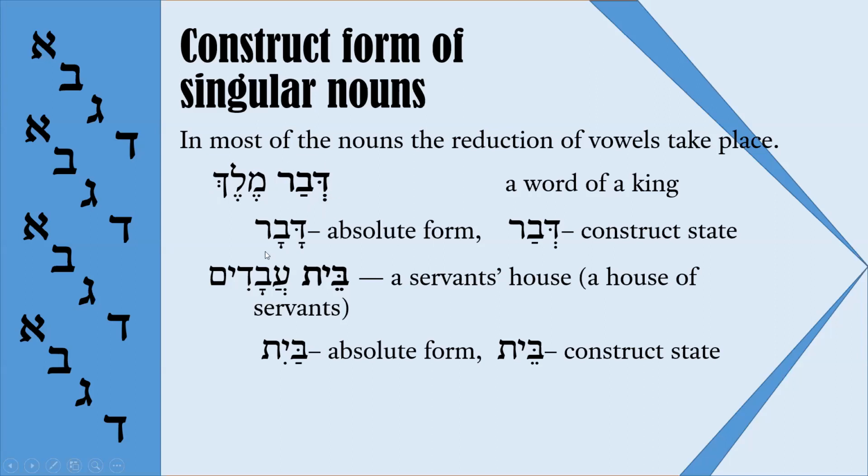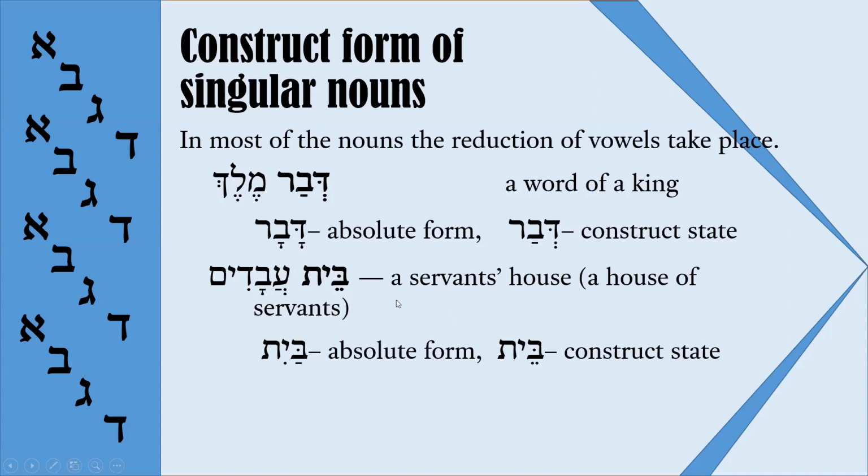For example, davar is the absolute form and devar is the construct state of the same noun. Devar melech means a word of a king, and devar is a construct state and melech is an absolute state.